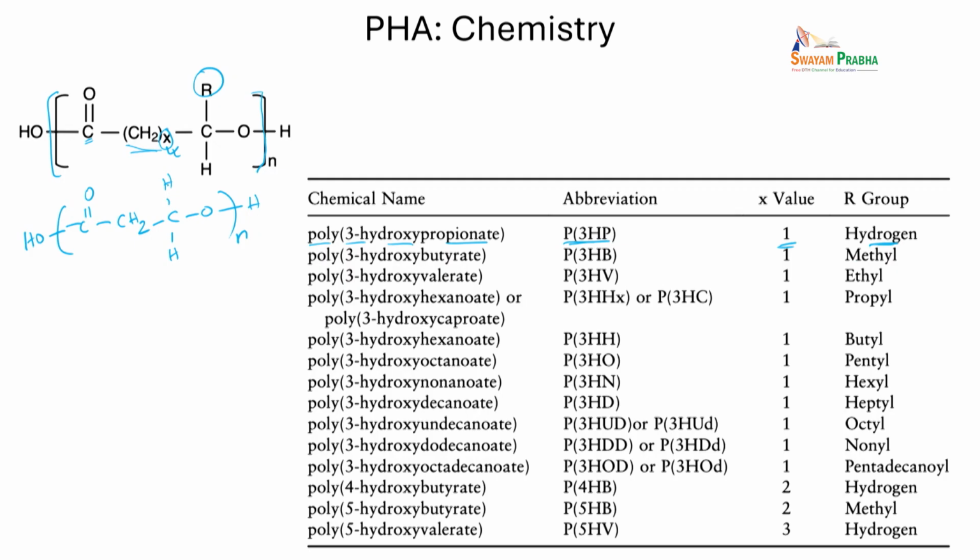Next, instead of this hydrogen here, you can have a methyl group or CH3 group. Then we have P3HB. That would be written as HO, X is 1 here, and here you have the CH3 group. So this is called poly-3-hydroxybutyrate, or in short P3HB or just PHB.